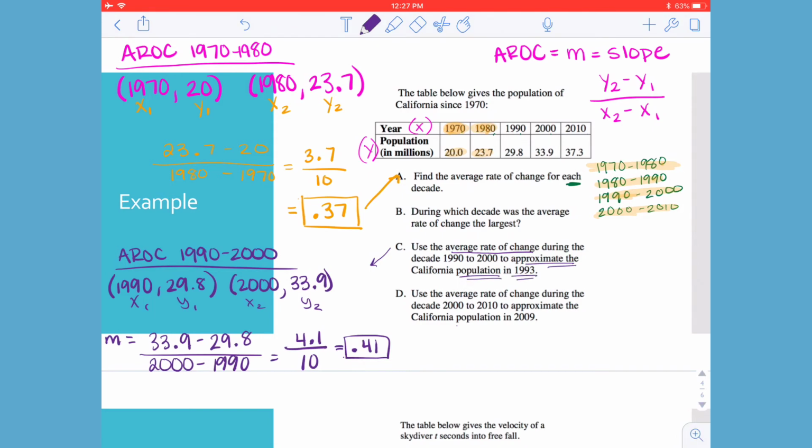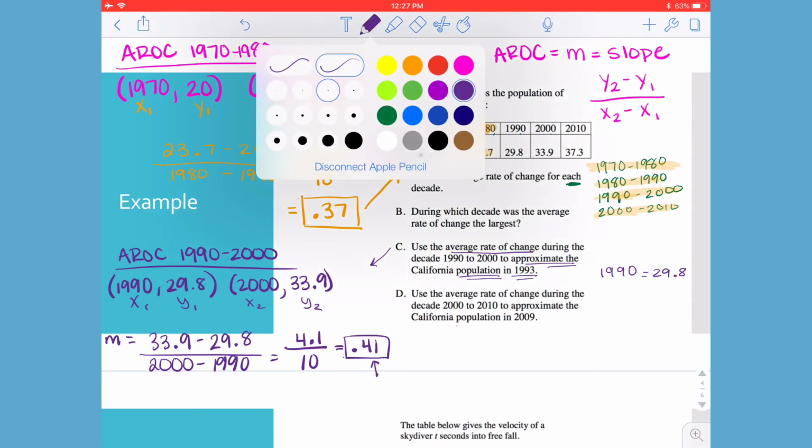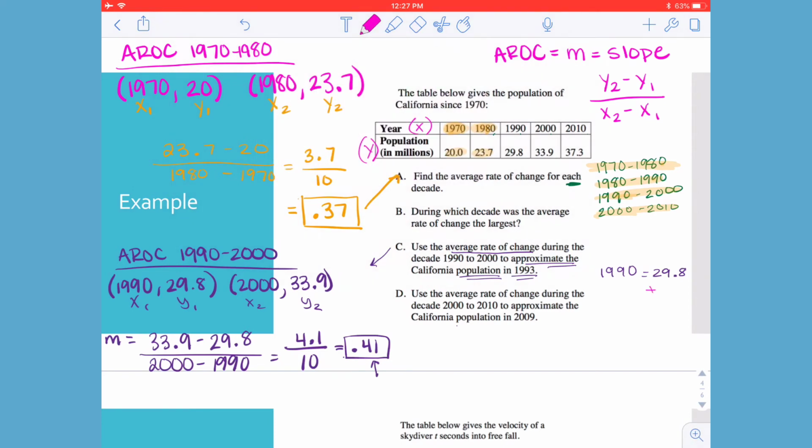So this is just the average rate of change part, but the question wants me to approximate the population in 1993. So if 1990 had 29.8, and again, this is in millions, but we're just going to refer to it as 29.8 for now, and I know that my slope is 0.41, then I am just going to add 0.41 to get my value in 1991.